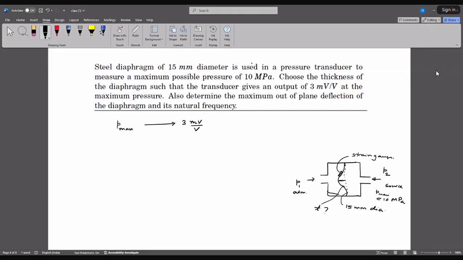So how do we take this up? We know that the output voltage to the supply voltage is given as 3 millivolt per volt.